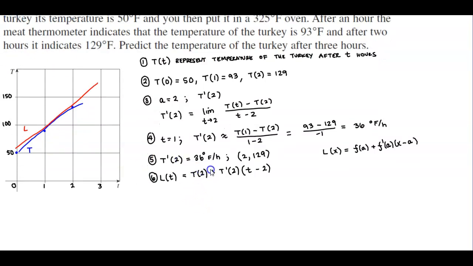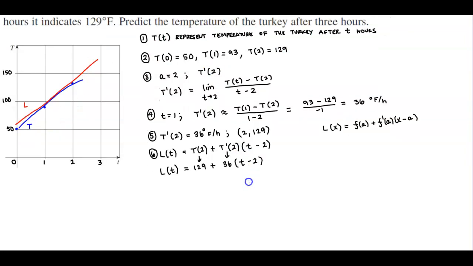So now we can go ahead and plug in our values. We know that L of t, or the linear approximation, is going to equal T of 2. Well, we know that T of 2 is 129. So we have 129 plus we know that T prime of 2 we found, which is the slope, is 36 times t minus 2.